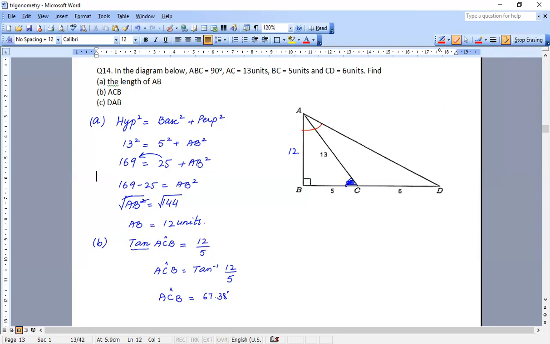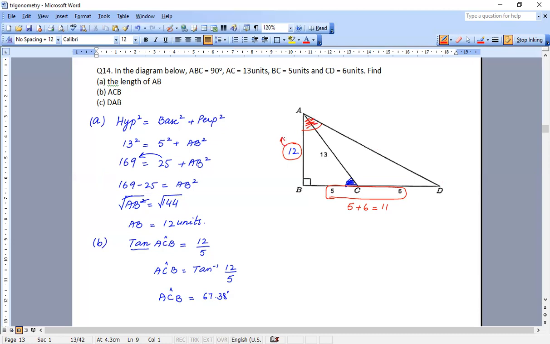The two sides which I know, one of them is this, which will become opposite, and the other one is the adjacent, the length from point B to point D, which is going to be 5 plus 6, equal to 11.